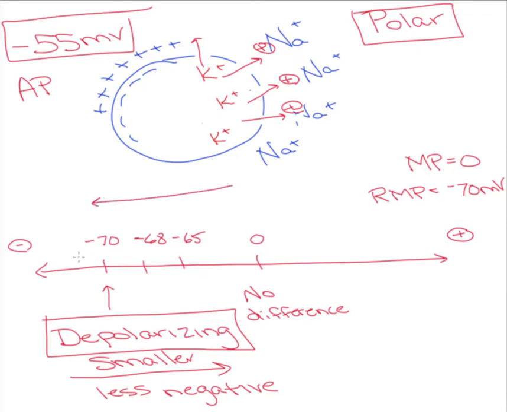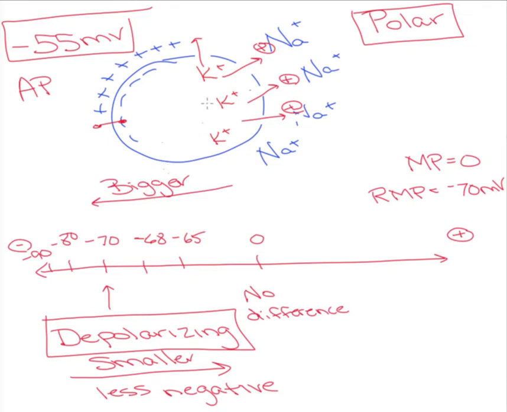Instead of at negative 70, we might go to negative 80, negative 90 even, because we're making it more negative in here. And so the difference from here to here is getting bigger. So when we go more negative, when we allow positive ions to leave, we are allowing our membrane potential to get bigger.